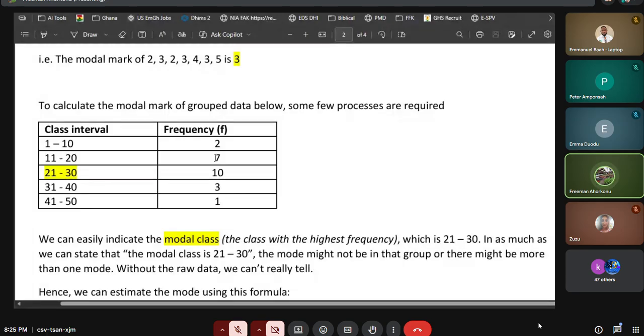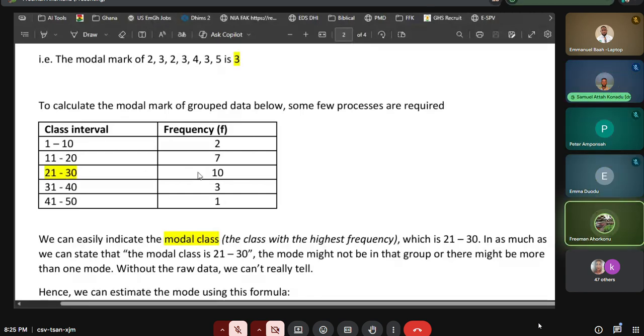So let me use the opportunity to explain Fm plus 1. The Fm means frequency of the modal class. Minus 1 means frequency of the class before the modal class. Plus 1 means frequency of the class after the modal class.